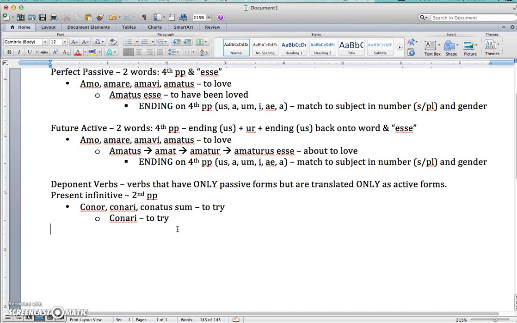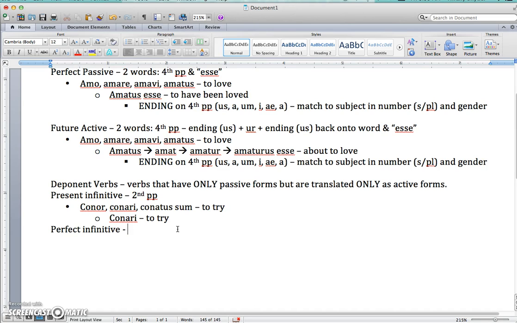All right, let's do the perfect infinitive. Again, I can't say whether it is active or passive because they look passive, but they're translated actively, and Latin teachers fight over which one they actually are. I don't get in on the fight because let's just say they're neither one or both. It doesn't matter. But anyway, that's my little rant.